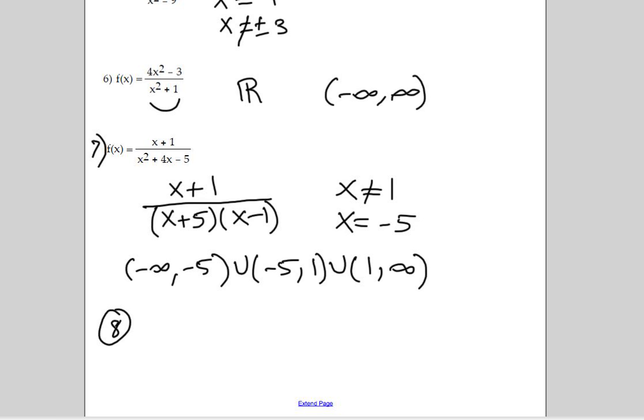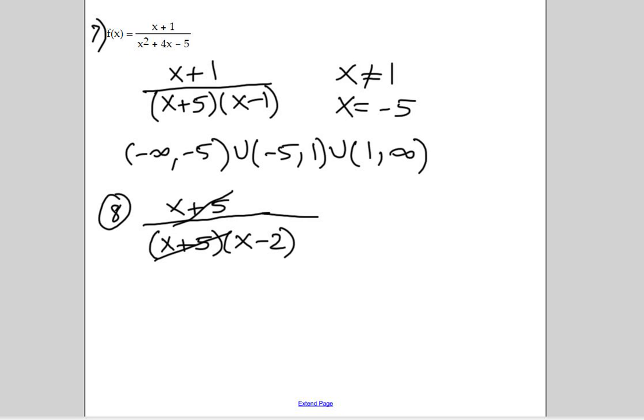Say we have x plus 5 over, I'm just going to give it in factored form already, so we're not spending time factoring, x plus 5 times x minus 2. So although these can reduce, still our domain cannot include negative 5.